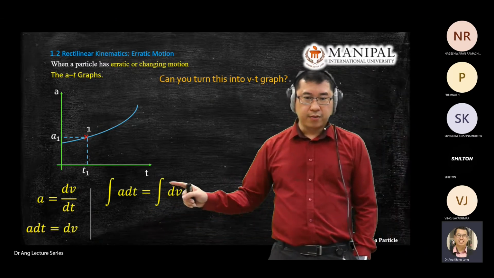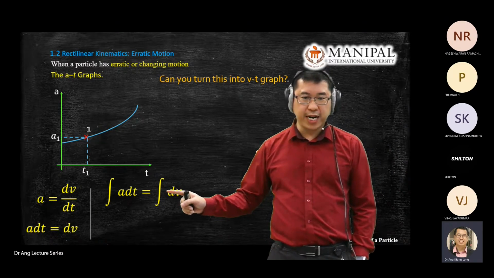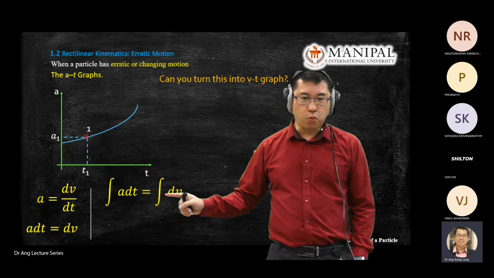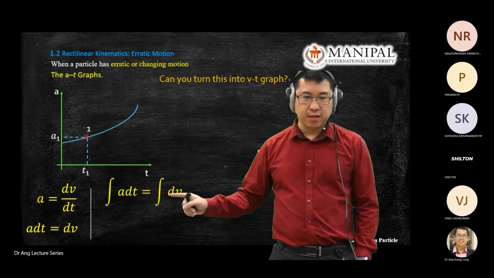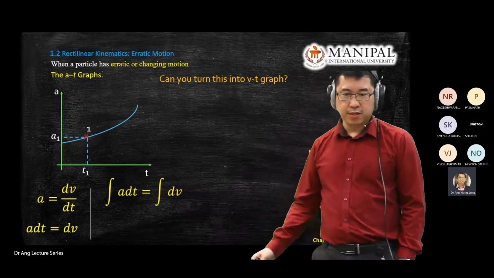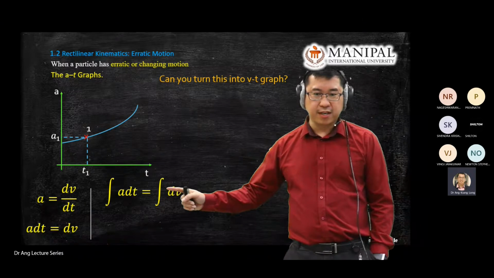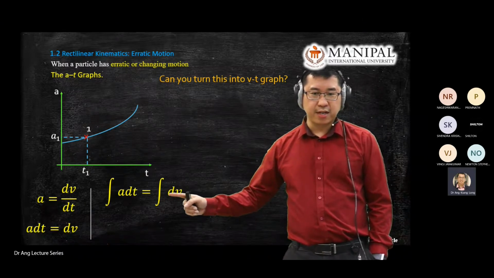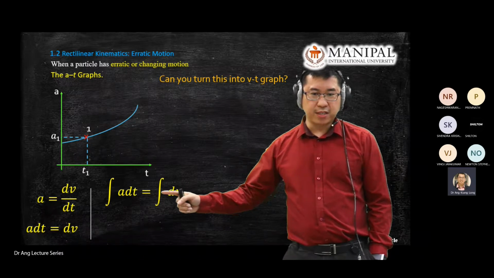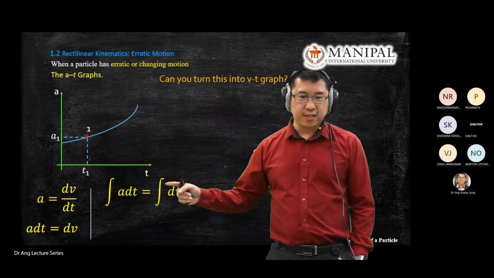And remind yourself, in front of dV, although I do not write anything here, there's a 1. 1 times dV, you still get the same answer. When you integrate, although you don't see anything, there's a 1 here. There's a hidden message. Don't write 0 here.